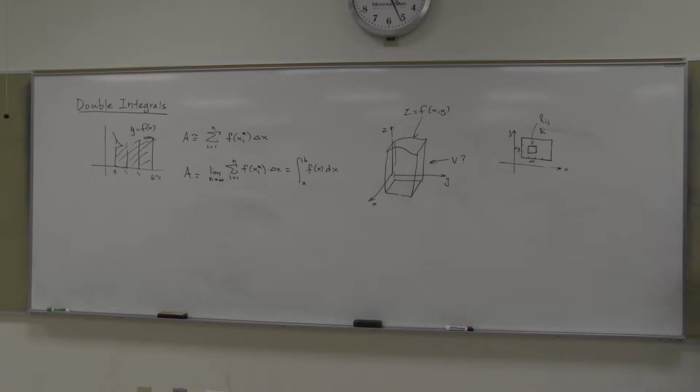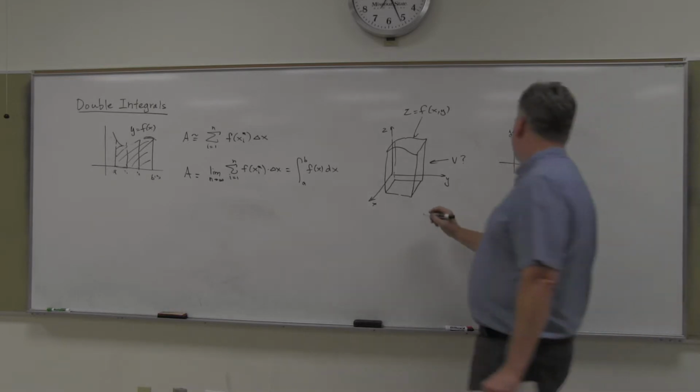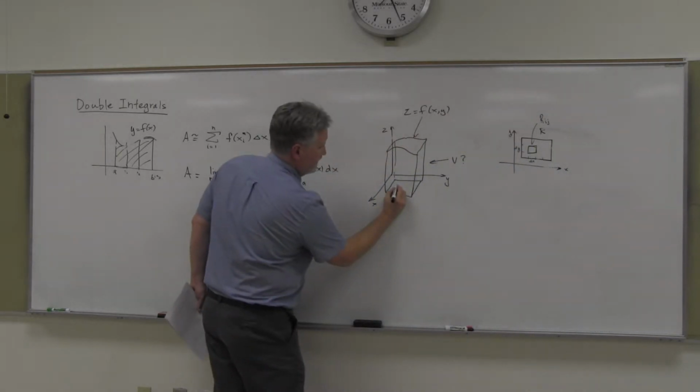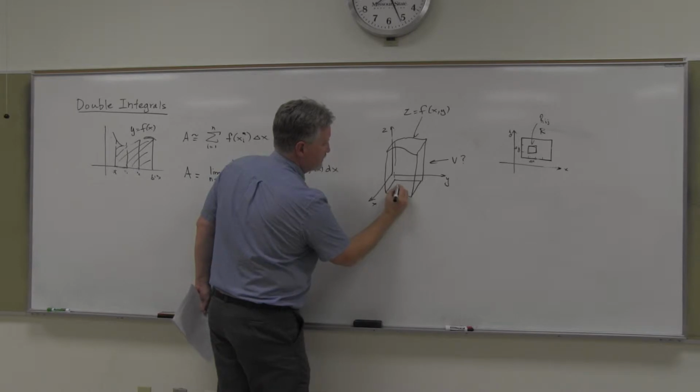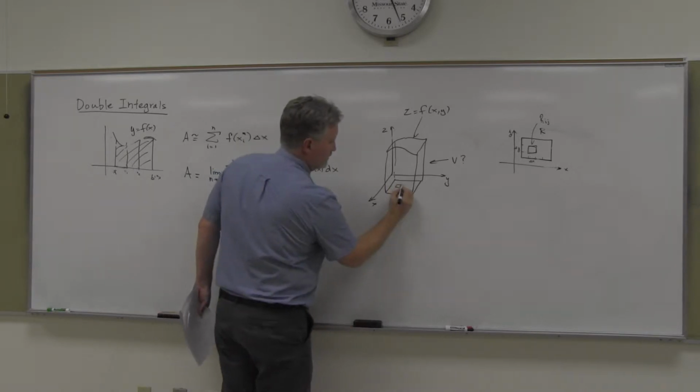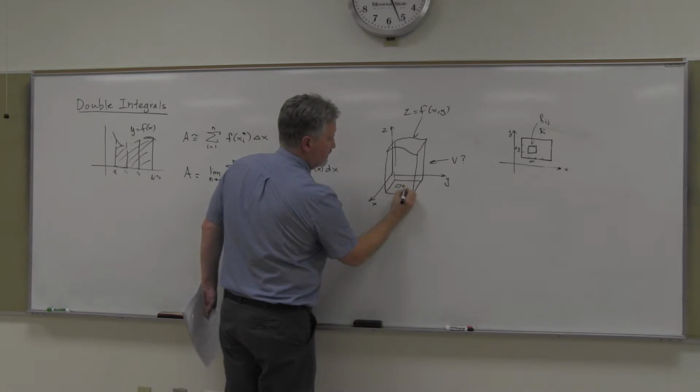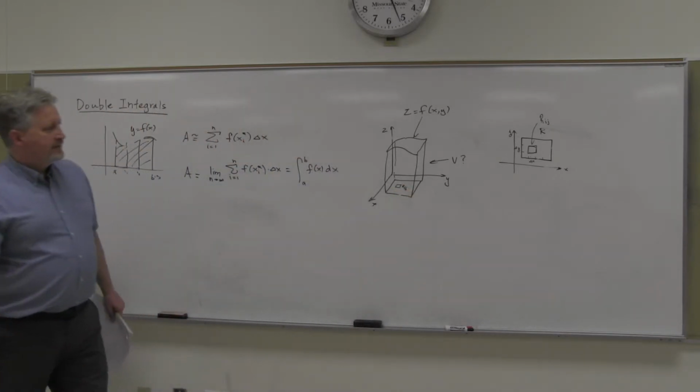All right, well, what does that all mean when I'm going to this volume? Well, this little Rij rectangle would be a little rectangle over here. Rij right there.